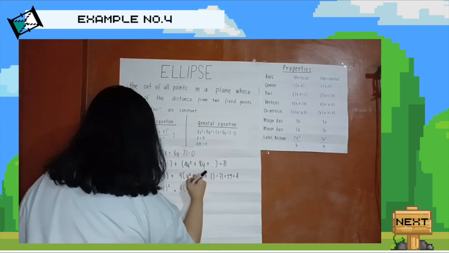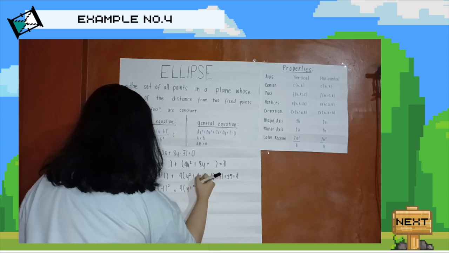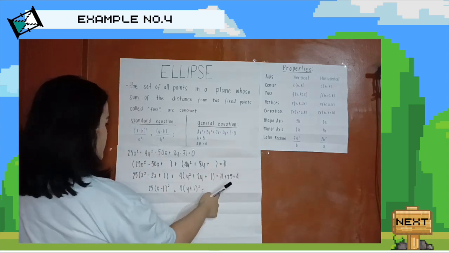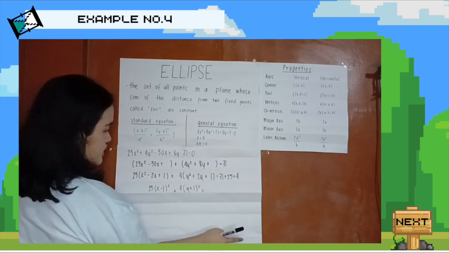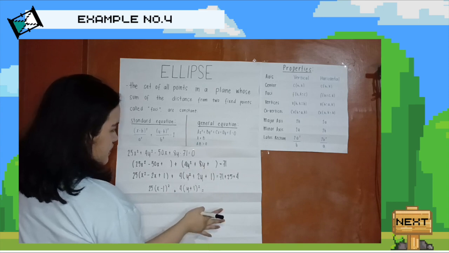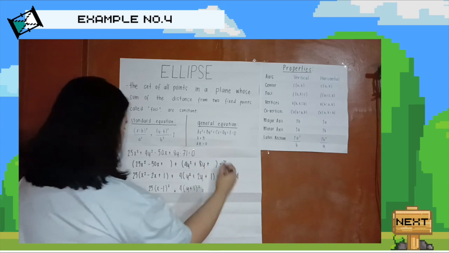So y plus 1. We need to add this. So 71 plus 25 plus 4 is equal to 100. So 100.